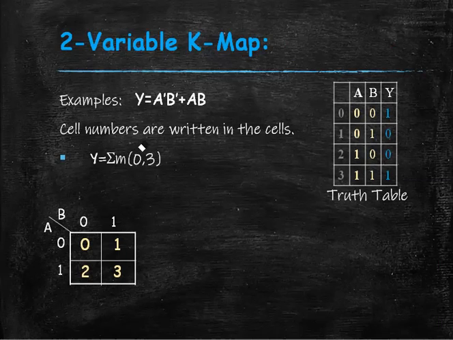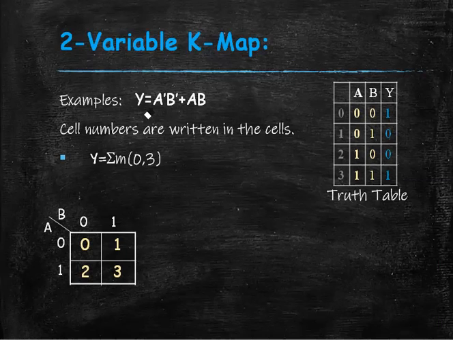That is, y is high for 0 0, which in binary is 0, and y is high for 3, which in binary is 1 1.